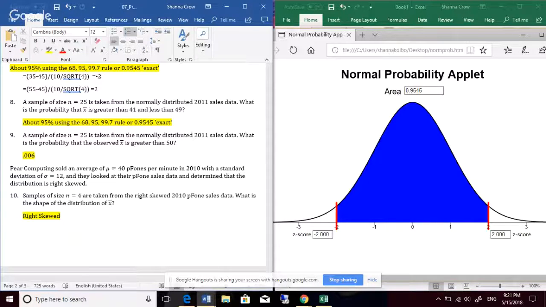So that threw me. 41 minus 45. Let's see. This is tricky. Oh, wait a minute.